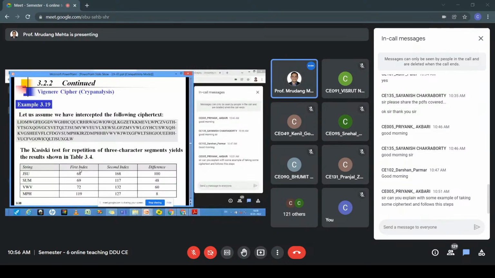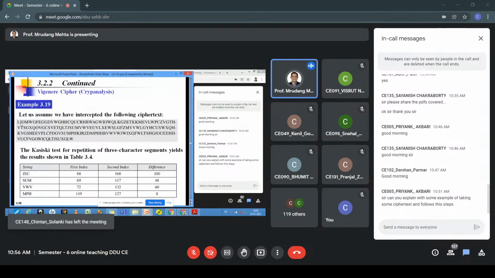Now we are looking at the example of a Vigenère cipher cryptanalysis. This is example number 3.19 given in the textbook, the same example I am discussing. Let us assume that we have intercepted the following ciphertext.